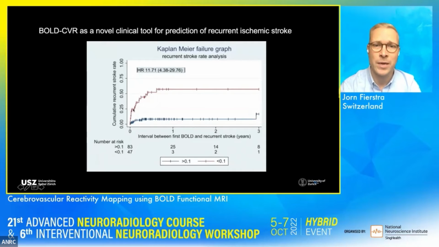And if you compare these two patients, so the ones with less than 0.1 BOLD CVR response, the impaired CVR ones, compared to the patients with normal CVR response, you see that there's a hazard ratio of 11. So there's 11 times higher risk for patients exhibiting impaired CVR with symptomatic steno-occlusive cerebrovascular disease to have a recurrent stroke within a year.